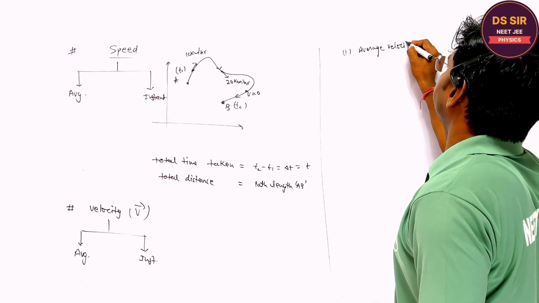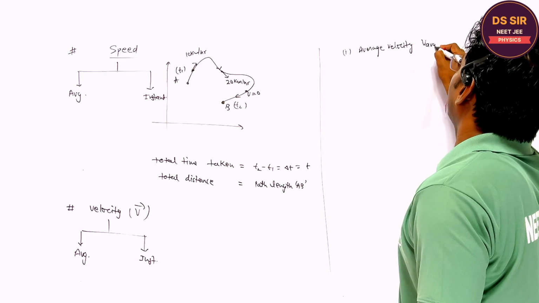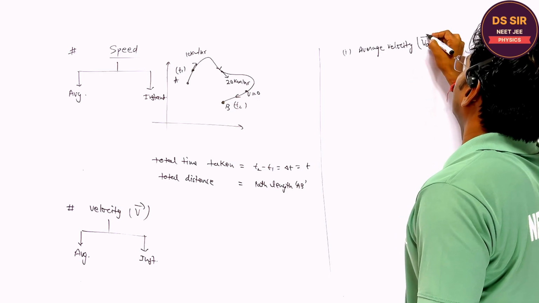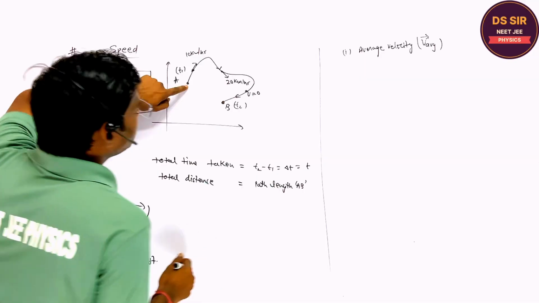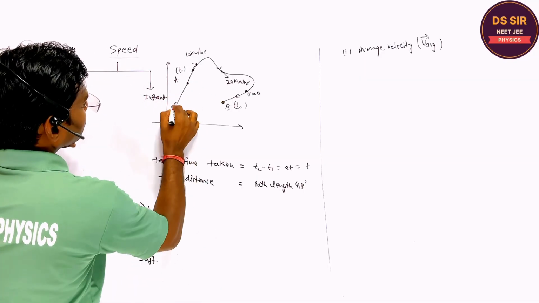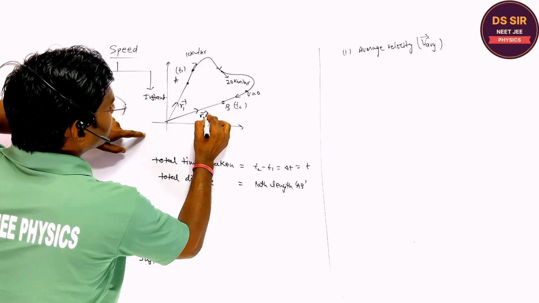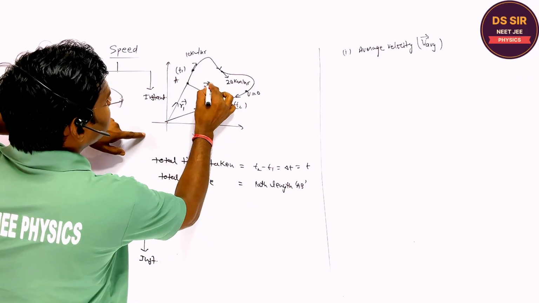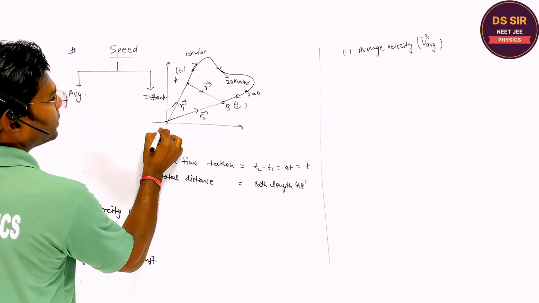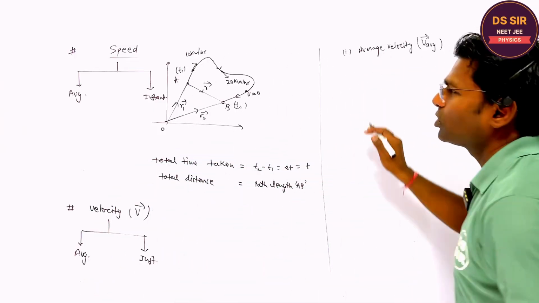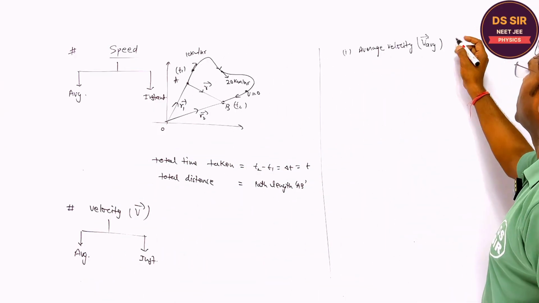V average, it is a vector quantity. Listen one thing. If this is the initial position, right? This is the final position, right? This is the displacement vector. Fine. So what is the average velocity defined as?